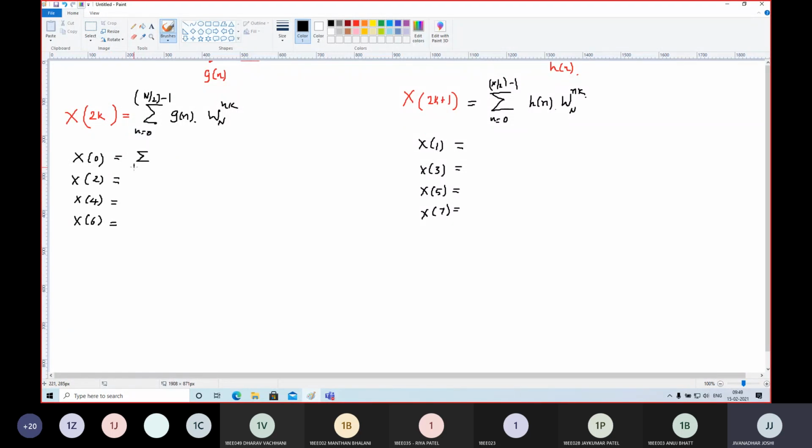Summation n equal to 0 to 3 g of n. So how much can I write down g of 0?